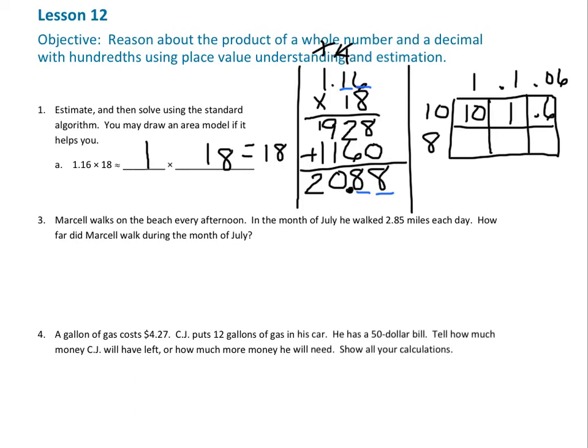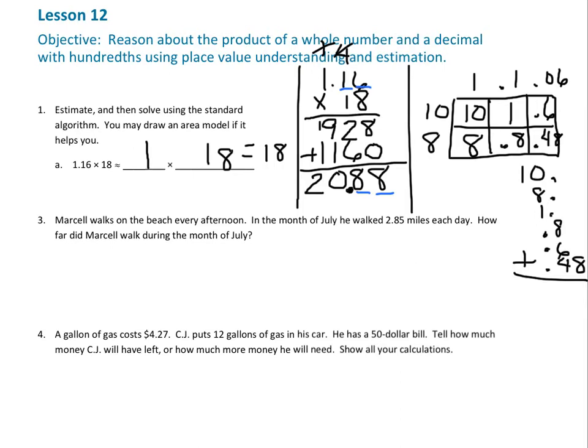Now we'll take the 8 and multiply it by the three numbers above. 8 times 1 is 8. 8 times 1 tenth is going to be 8 tenths. And 8 times 6 hundredths would be 48 hundredths. If you take these numbers together and add them up, we should get 20 and 88 hundredths.